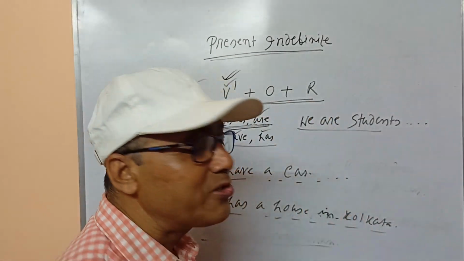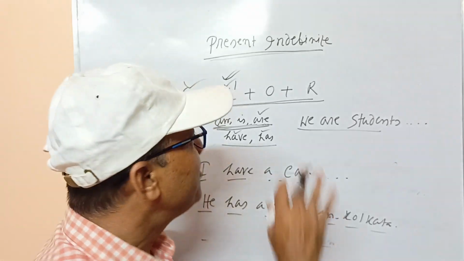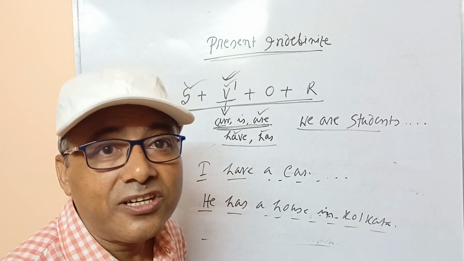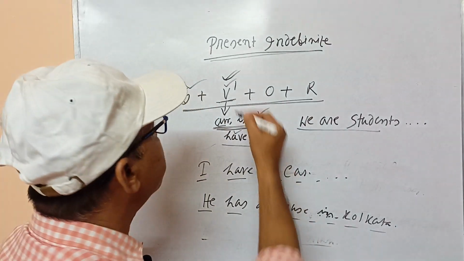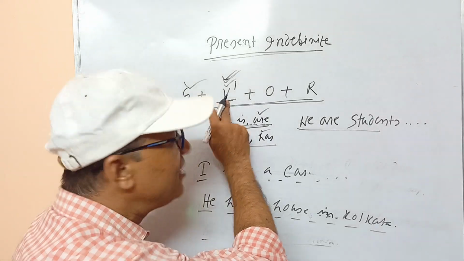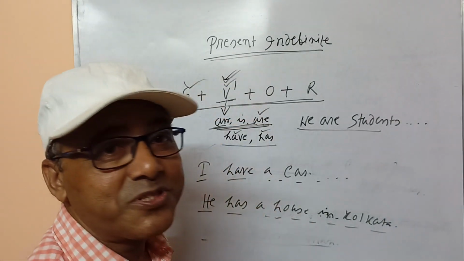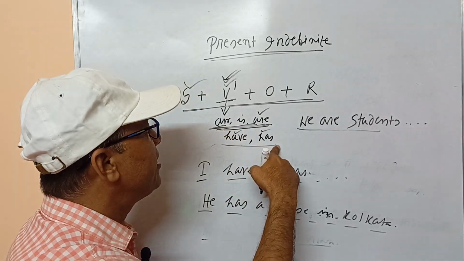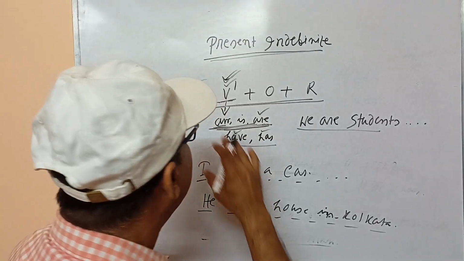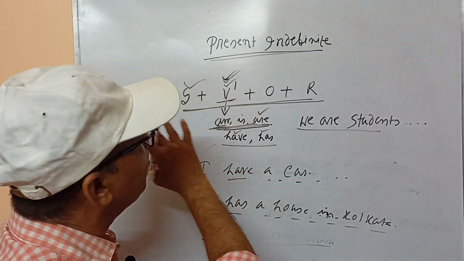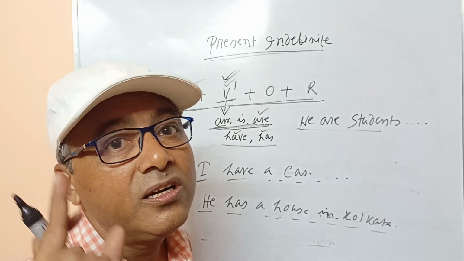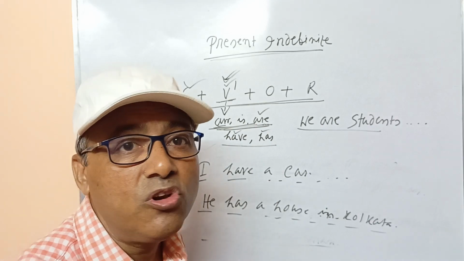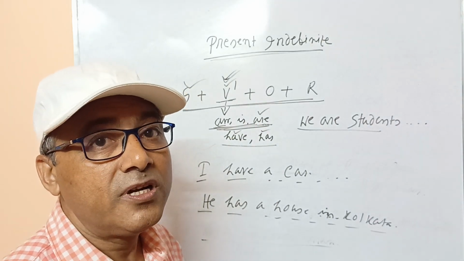So these are also the examples of present indefinite tense. So how we are creating the sentences of present indefinite? Sometimes we are using verb one, and sometimes in place of verb one we use am, is, are, and sometimes we use have and has, and then we follow the same one formula, right? And following this formula, following this rule, we can create a lot of sentences.